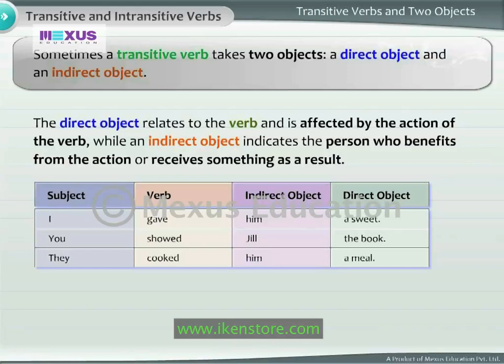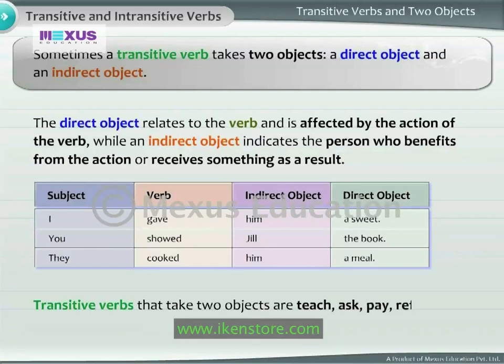The direct object sweet relates to the verb give. The indirect object him benefits from the action of giving. Examples of transitive verbs that take two objects are teach, ask, pay, refuse, deny, offer, promise, tell, show, give.